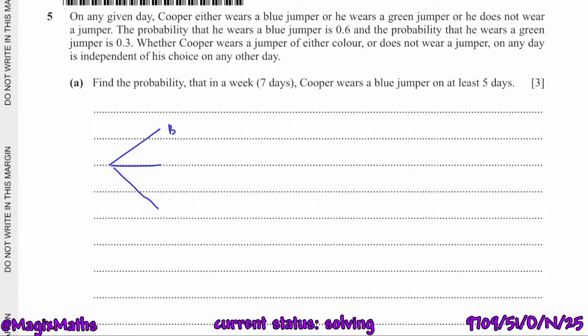We have blue, green, or no jumper, so X, 0.6, 0.3, and then these three probabilities should sum up to 1. So here it is 1 minus 0.9, so we have 0.1.